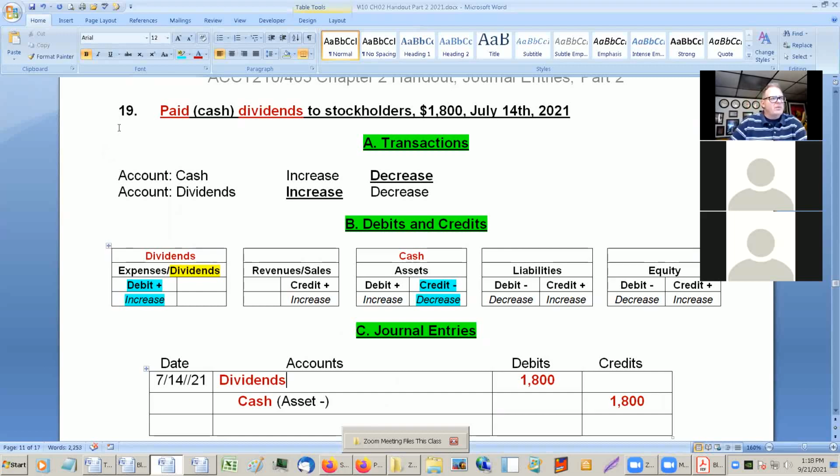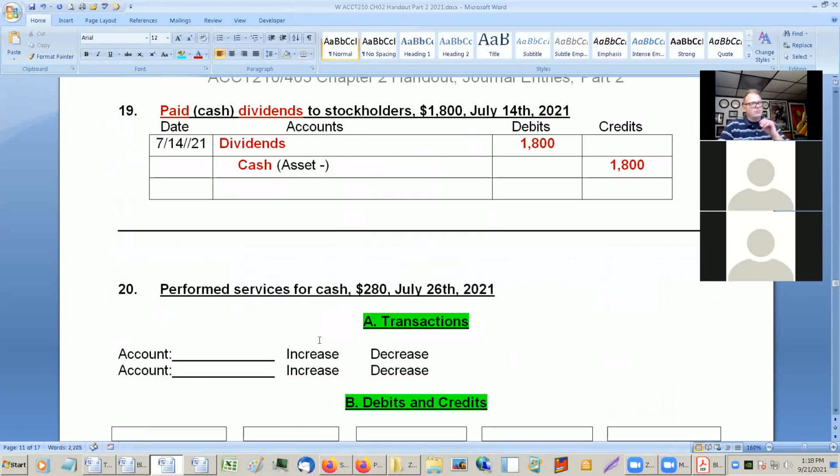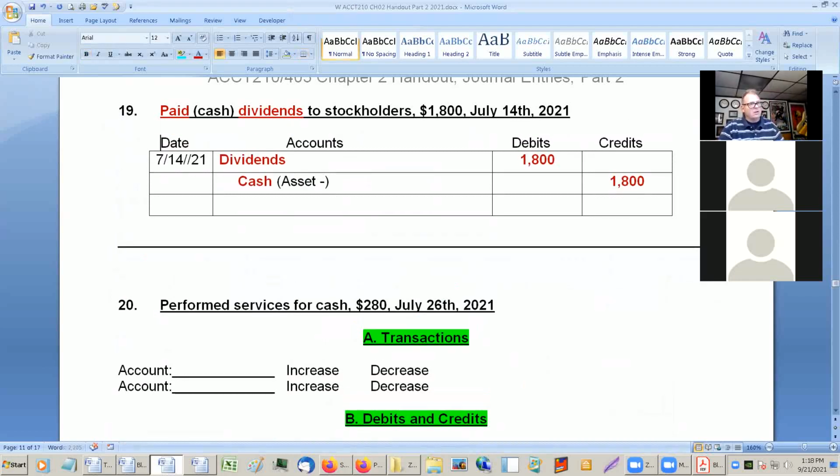And truthfully, once you get used to doing these, this is all you see. And people who are familiar with journal entries look at this and go, oh, they paid dividends, 1,800. They wouldn't even need this up here to know that.